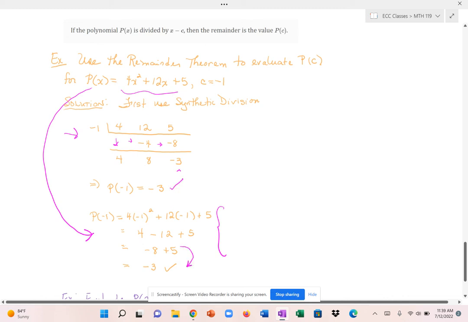Same answer that I got here. Okay, so you don't have to do it both ways. I just wanted to prove to you that I get the same answer by either using division, synthetic division, or by just plugging in the number and evaluating what that polynomial is.